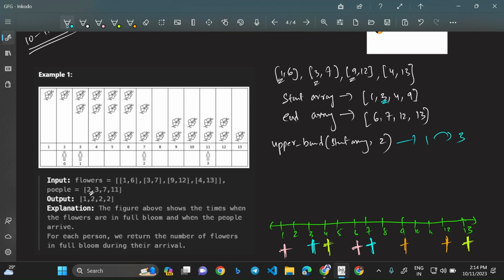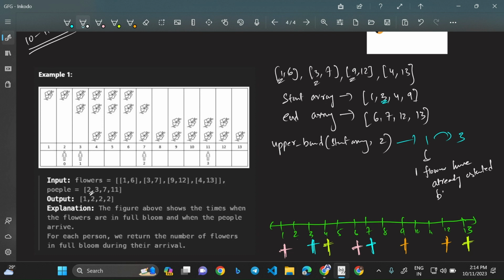So when I apply the upper bound on the particular value of people, that is 2, I am getting index 1. What can we infer from this? We can infer that one flower has already started blooming.